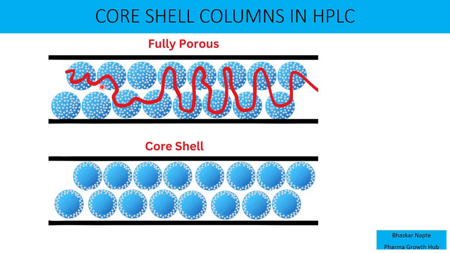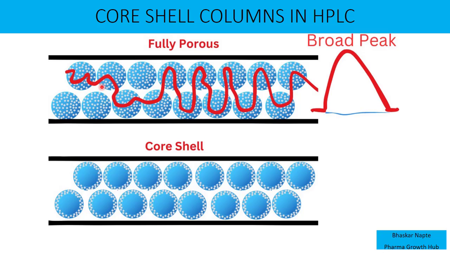It requires a longer distance to travel. And because of this longer distance, what happens? Our sample bandwidth gets increased, and out of the increased bandwidth, you can expect a broader peak. The width at the peak base will be much, much higher.